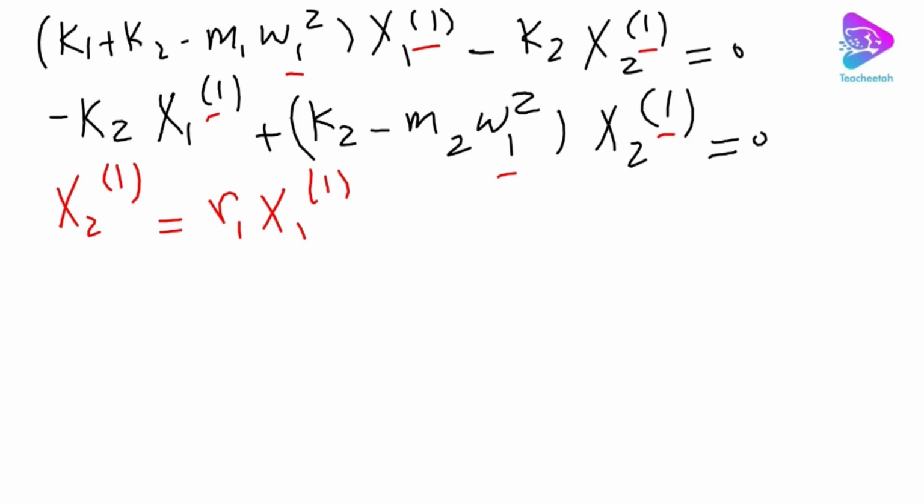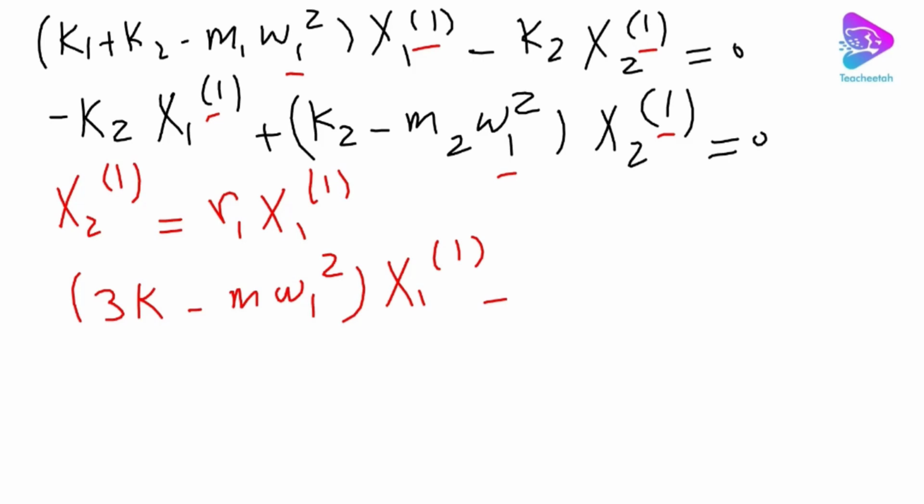Now I want to use the relationships for k's and m's. What we have is 3k minus, just for the sake of simplicity, m omega 1 squared times x11, minus 2k r1 x11 equal to 0. And why I'm doing this, I want to find r1. You can imagine that, right?